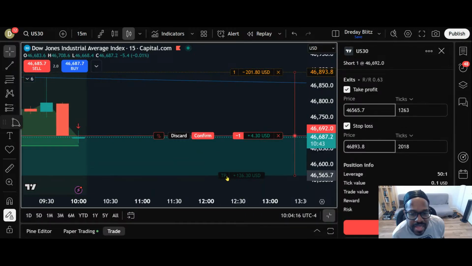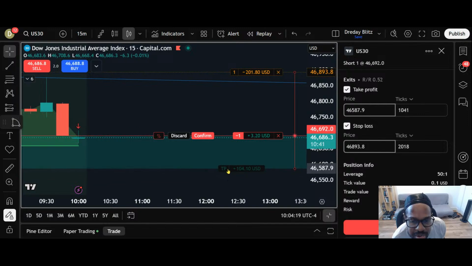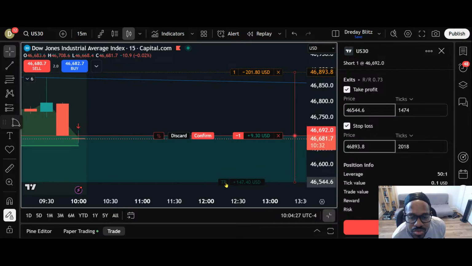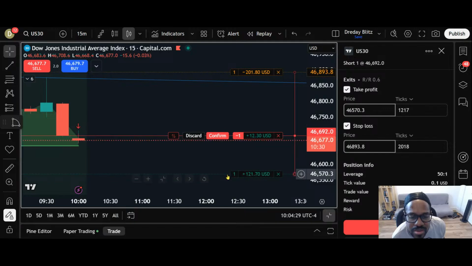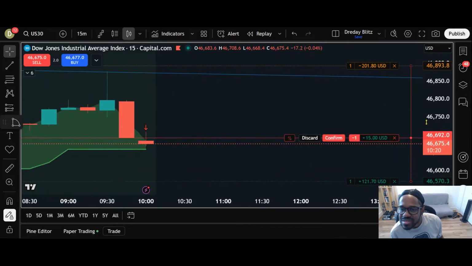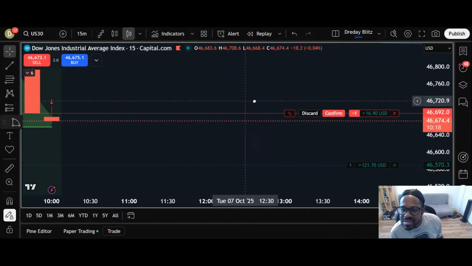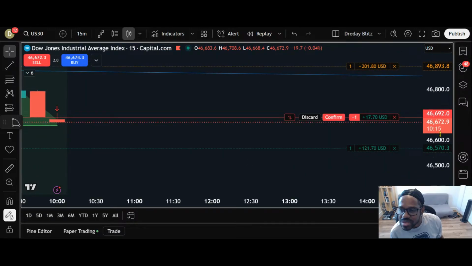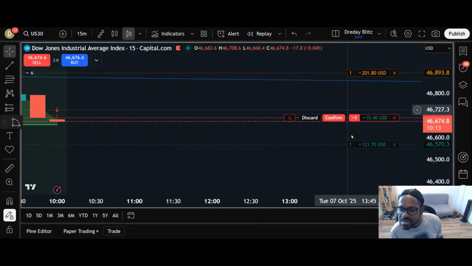You could slide it down, and you're going to see exactly the amount that you're risking and the amount that you should be making off of that move. So you clearly see it there. I'm just going to scroll down. This is how you're going to see it on Alcyon or any other futures prop firm.